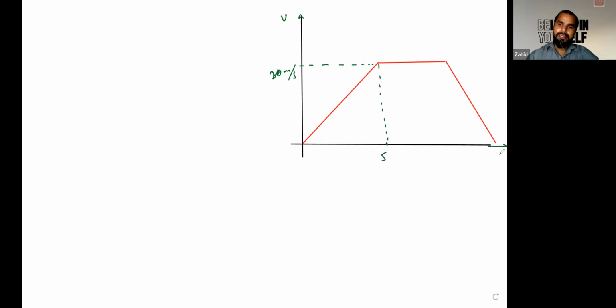From this velocity versus time graph, the initial velocity of that body would be 0 at time t equal to 0. And acceleration for this graph is 4 meter per second square. So we have to calculate velocity at t equal to 4 seconds. Just use the equation of motion and try to obtain the final velocity.